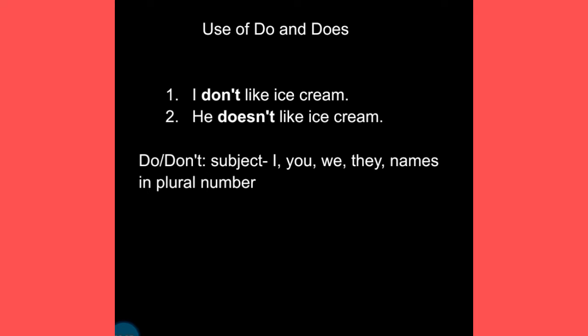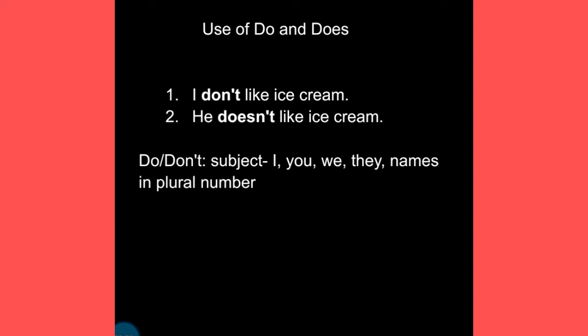You get it? So when can we use do or don't? Only when the subject includes either of these: I, you, we, they, and instead of these words there may also be a name, but that name has to be in plural number. Remember it.